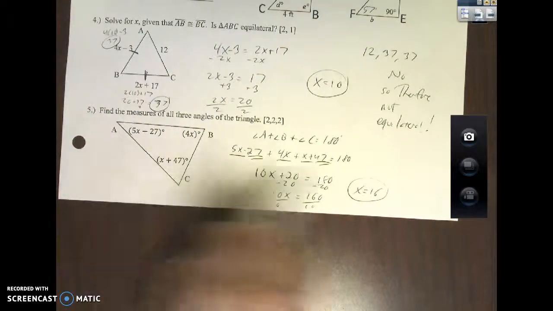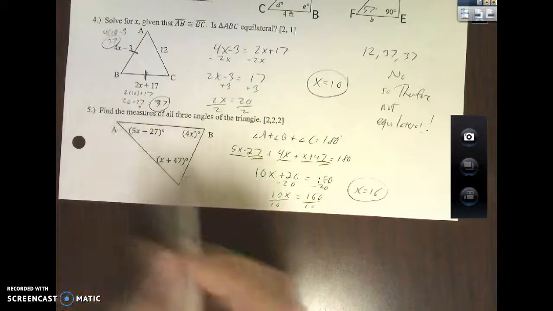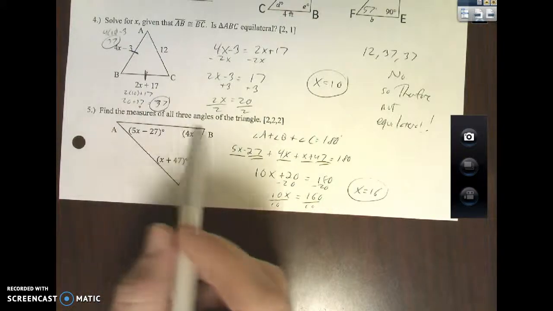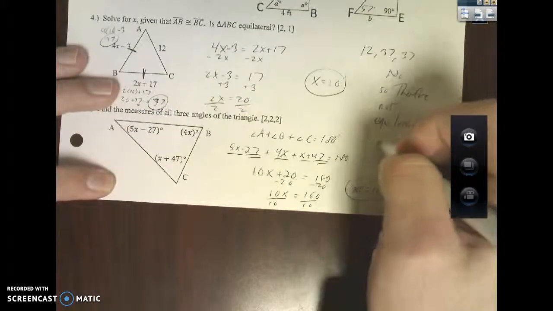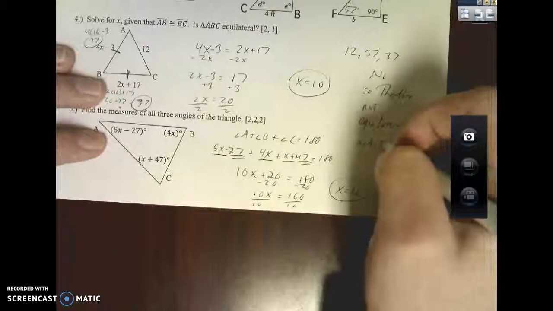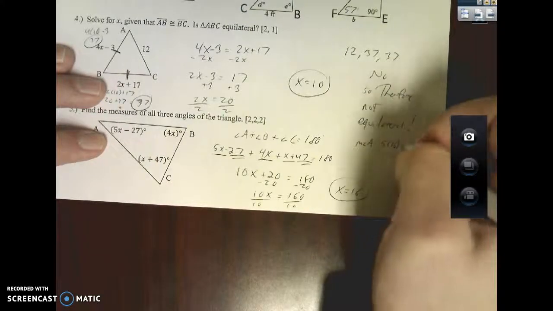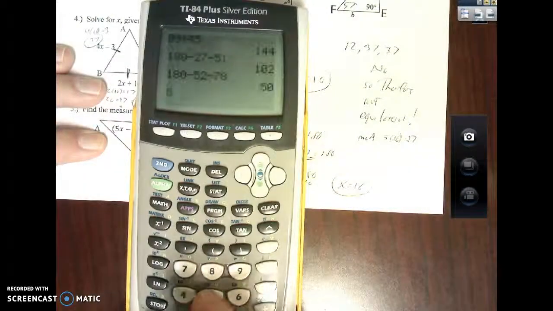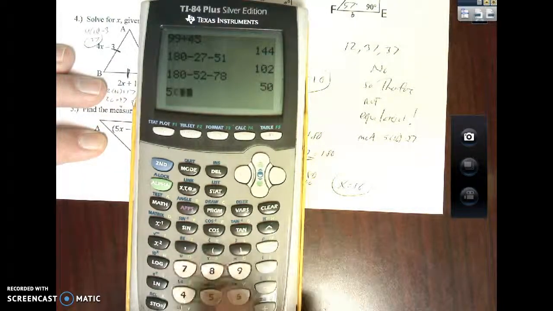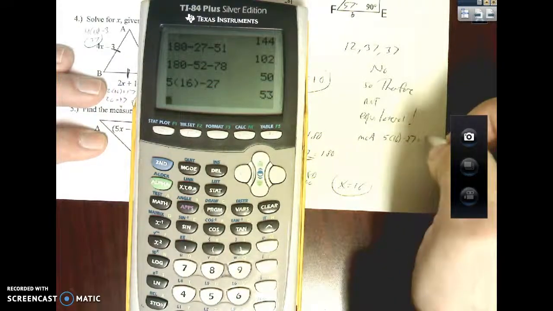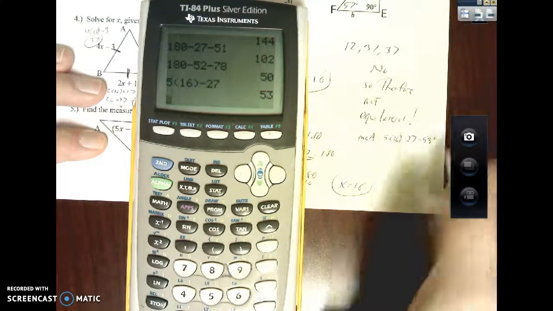Well, now all I'm going to do is take my 16. I'm going to substitute it back in. Why do I know to do this? It says find the measures of all three angles. So therefore, the measure of angle A is equal to 5 times 16 minus 27. Okay, so let's see here. 5 times 16 minus 27, 53 degrees. Right there.